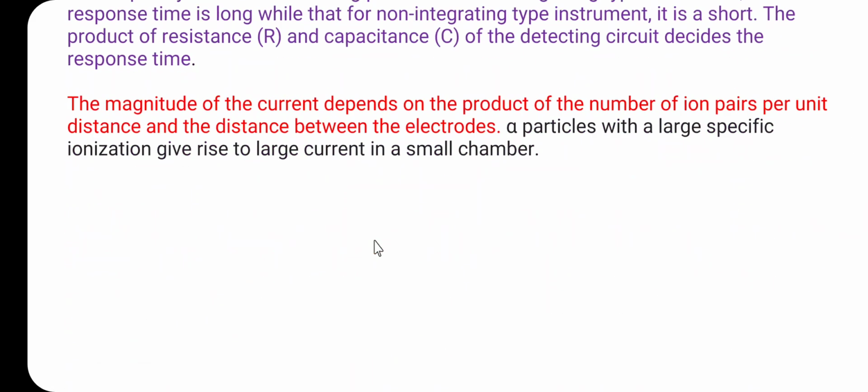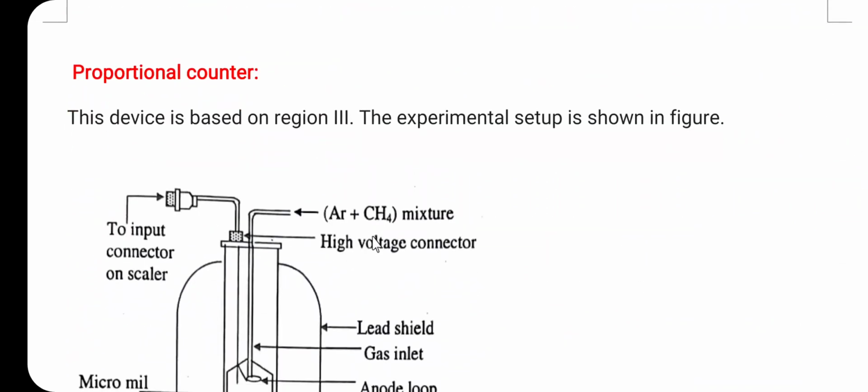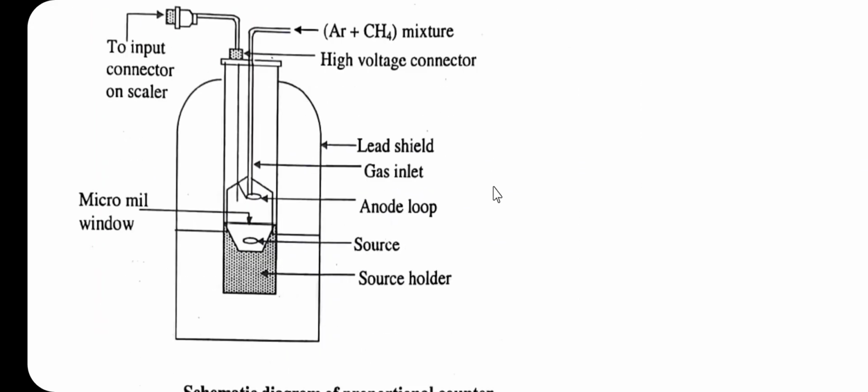Let us consider the next one, that is the proportional counter. This device is again based on region 3, which is called the proportional region, and the experimental setup is shown in the diagram.